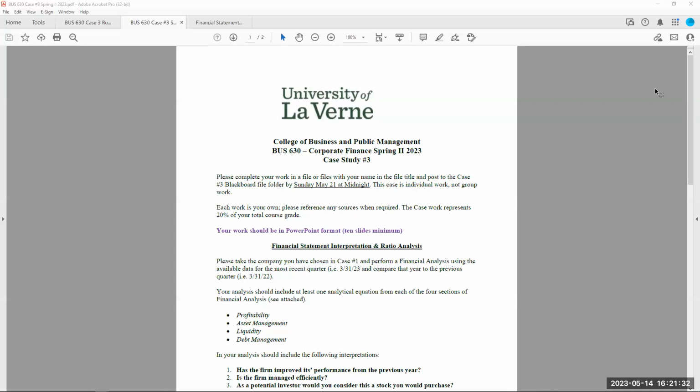Like all our cases in this financial management or corporate finance class, it asks you to put together data, interpret data, and explain it. Tell me what you think, what you see in regards to the data being supplied. So let's take a look at this.